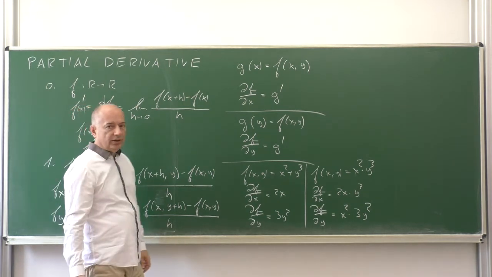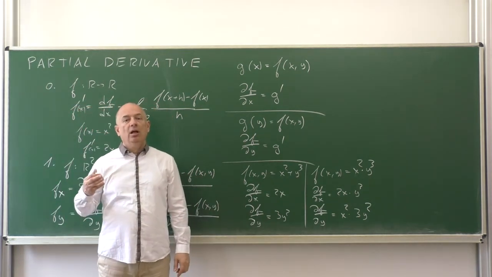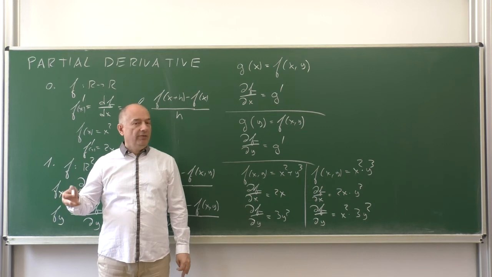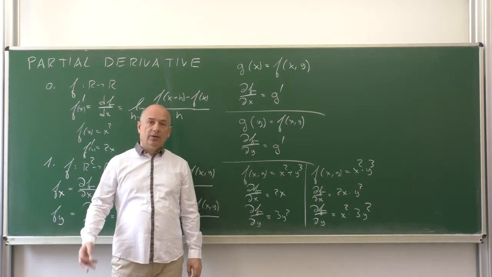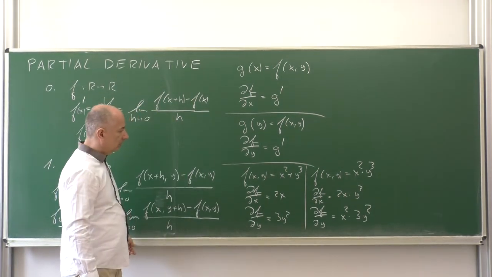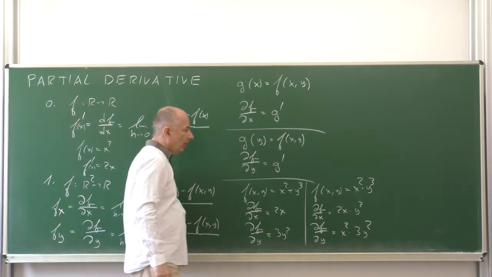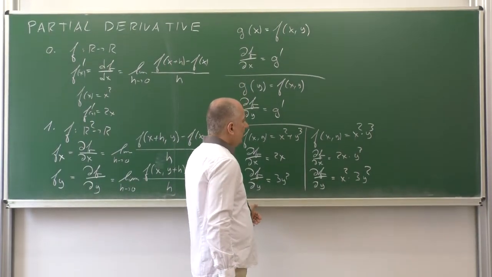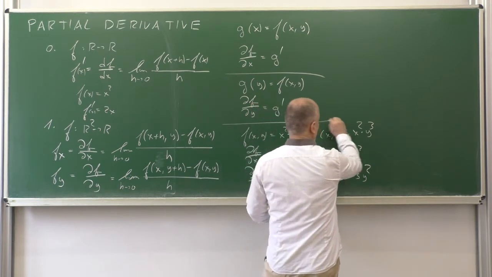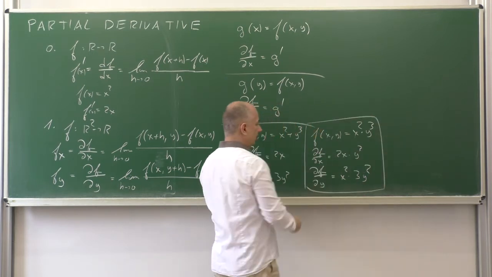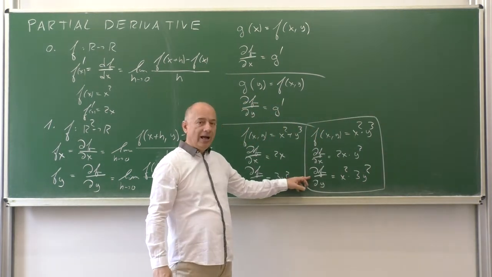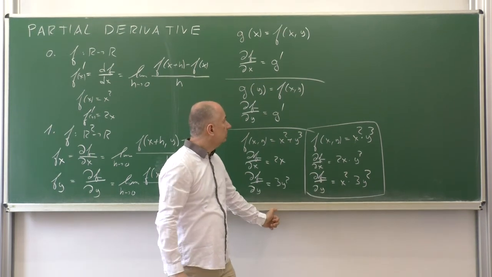In engineering practice, we usually work with functions where the function and all the derivatives do exist and are continuous. So, let's consider this example, and we can consider higher order derivatives.